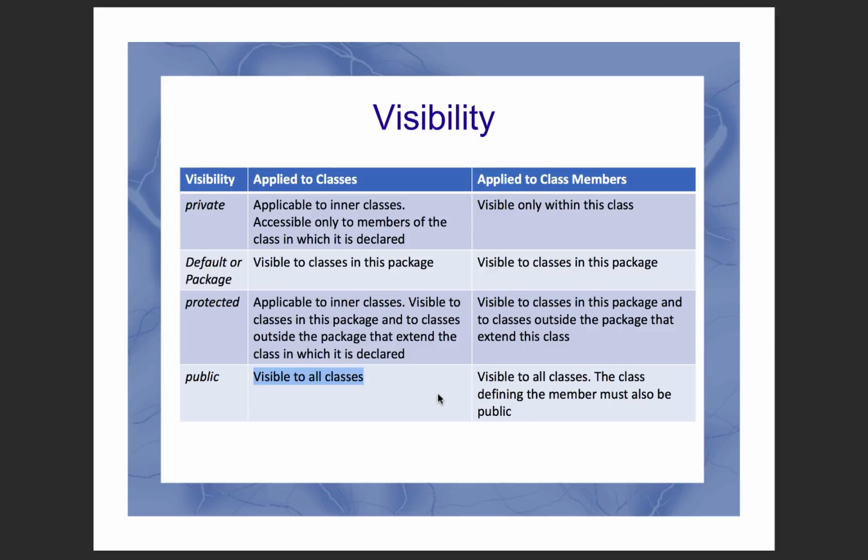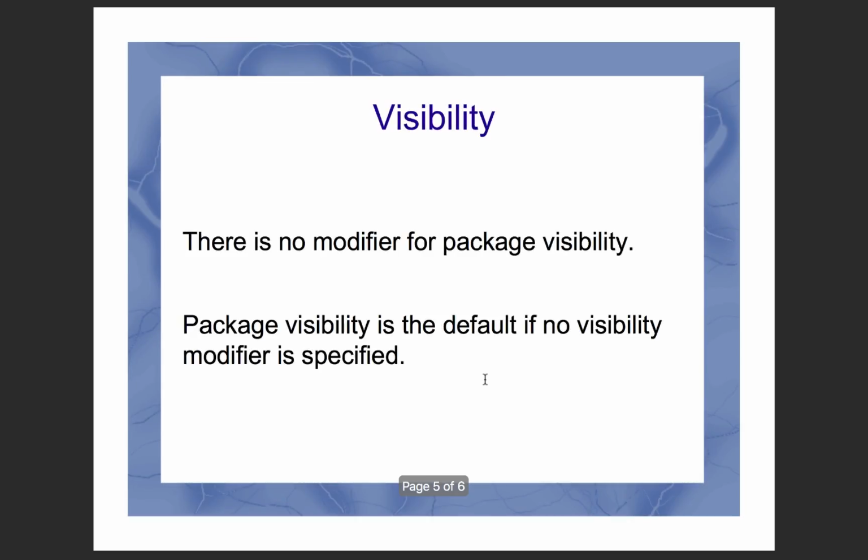It's visible to all classes. If you have public classes, the members defined in them must also be public. So these are the comparison between different visibilities.